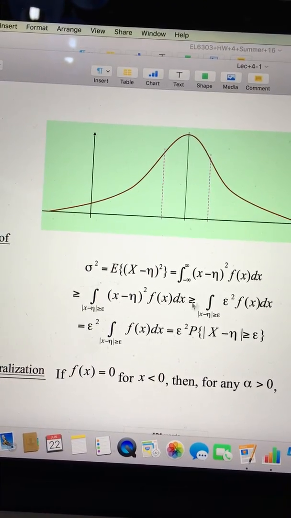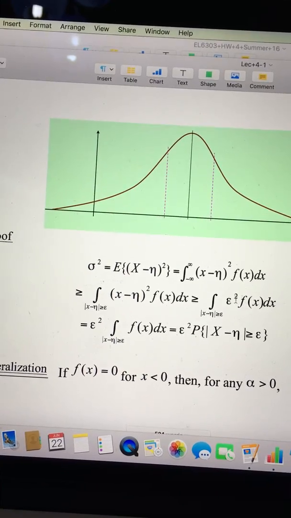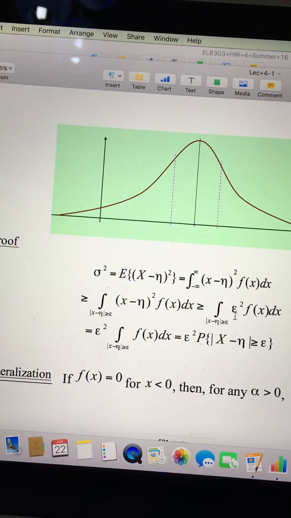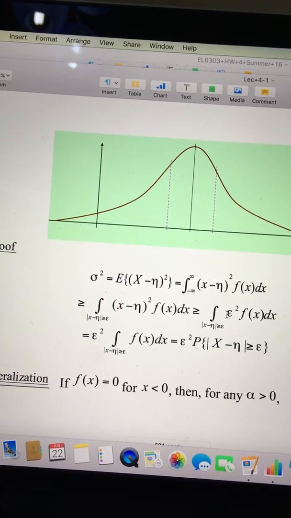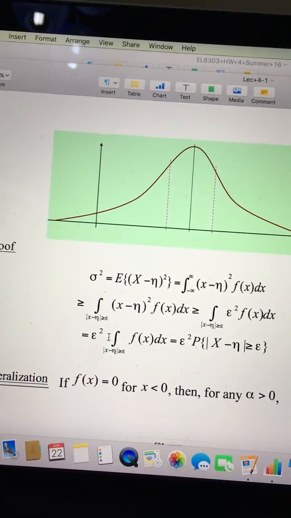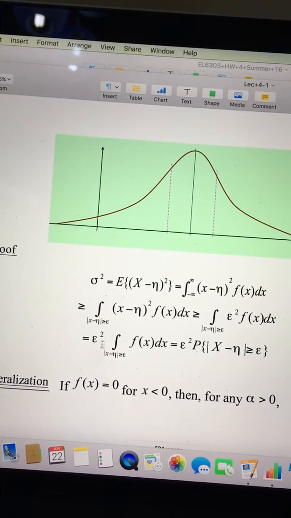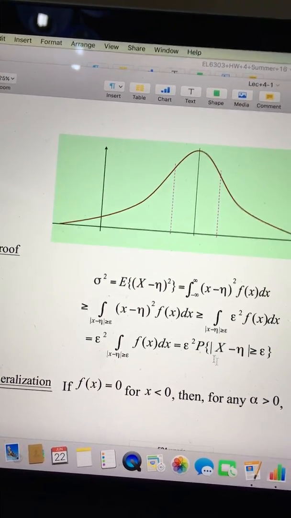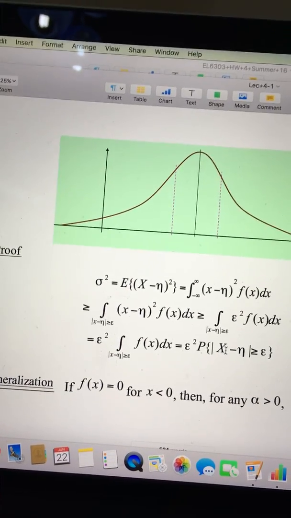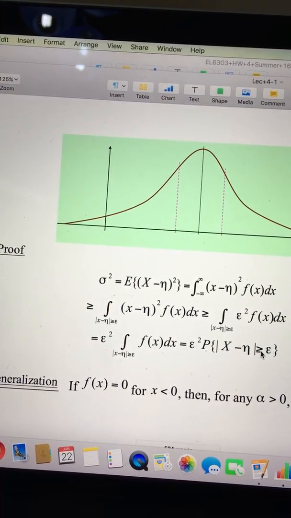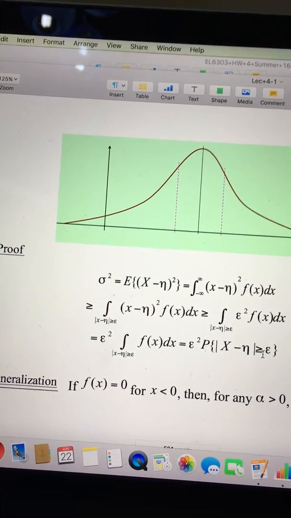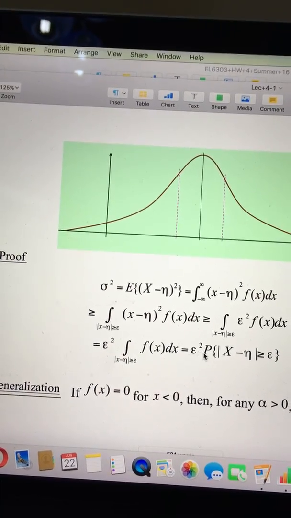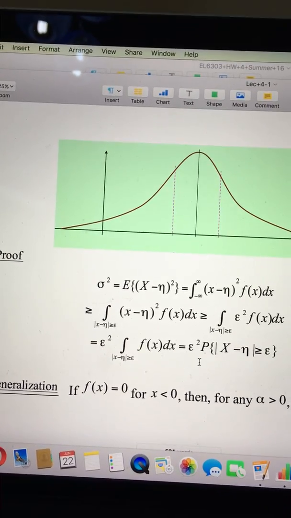We can take the epsilon square out of the integral, and this part will be equal to epsilon square times the probability of |x minus eta| bigger than or equal to epsilon. So it was proved.